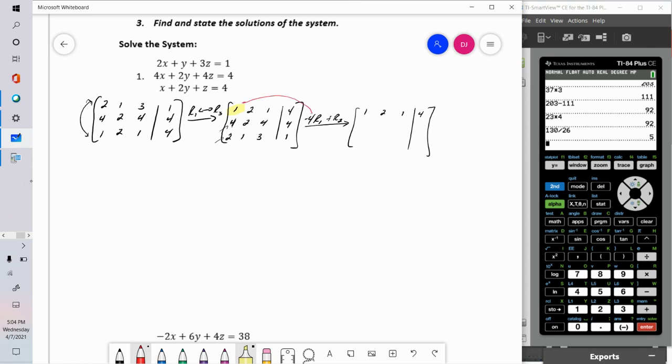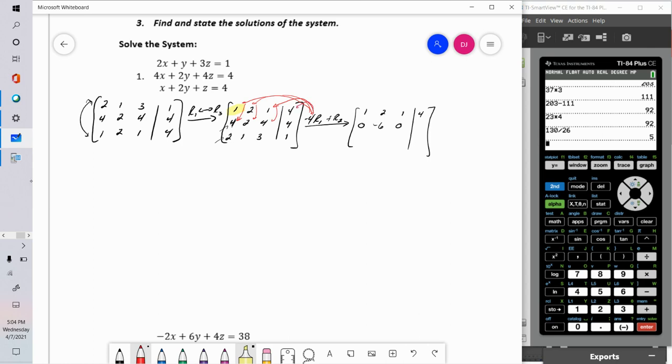Negative 4 times 1 is negative 4 plus 4 is 0. Negative 4 times 2 is negative 8 plus 2 is negative 6. Negative 4 times 1 is negative 4 plus 4 is 0.